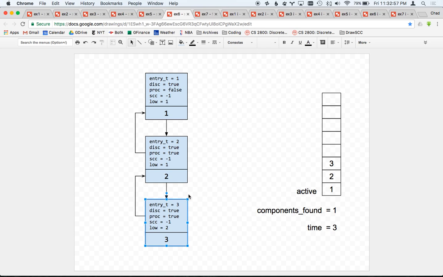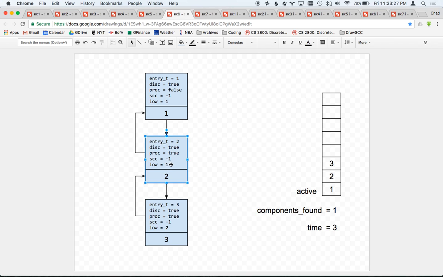So, if from any vertex in this list we can get back to vertex 1, then we know that we can get from any vertex to any vertex, right? So clearly we can see that there are paths, right? But how does the algorithm know that there are paths back to vertex 1 from vertices 2 and 3? Vertex 2, clearly there's a path back to vertex 1.